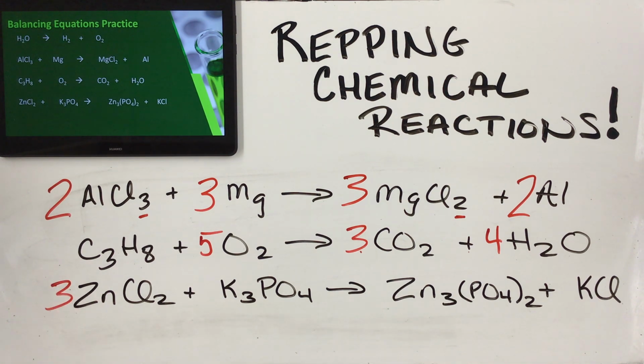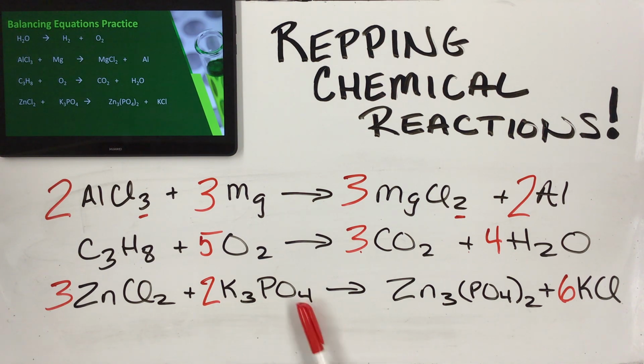I'll put a 3 here. 3 zincs, 3 zincs. 3 times 2 is 6 chlorines, only 1. 6. 3 zincs, 3 zincs. 3 times 2 is 6 chlorines, 6 chlorines. 3 potassium, 6 potassium. 2 times 3 is 6.